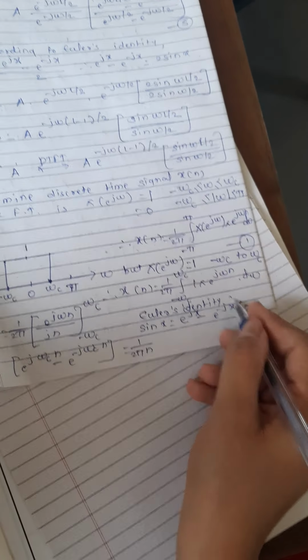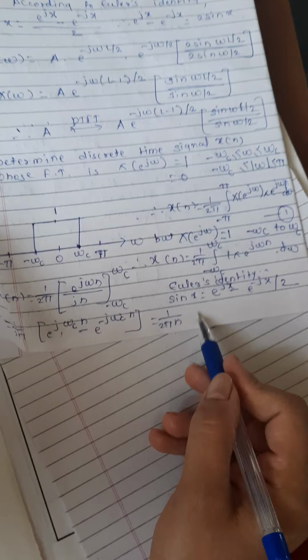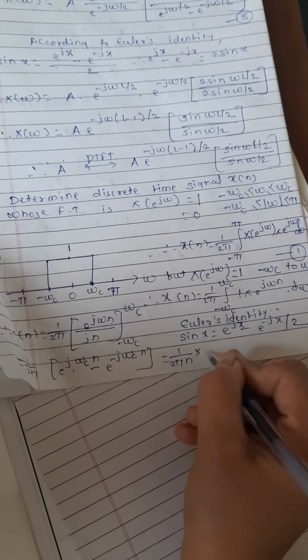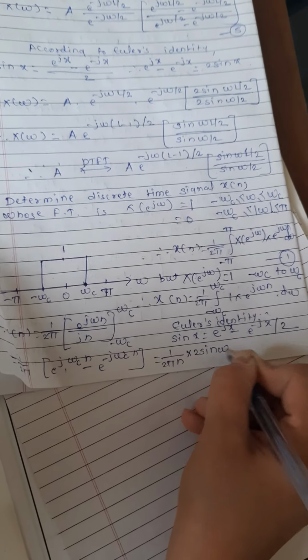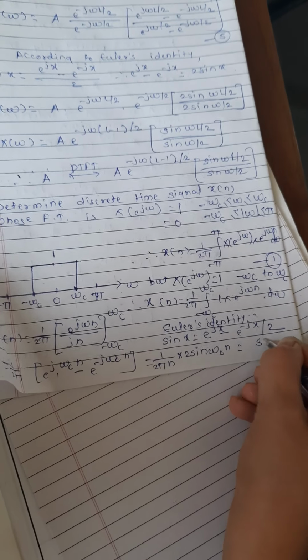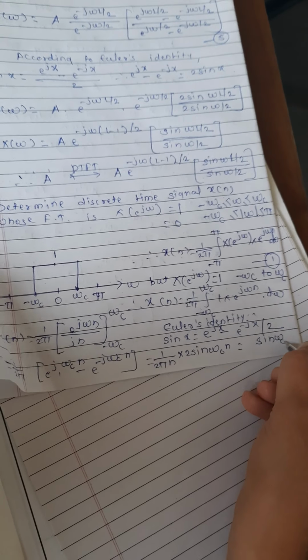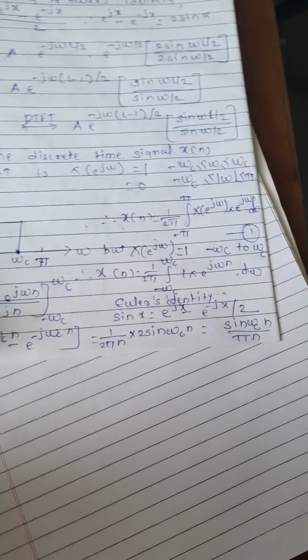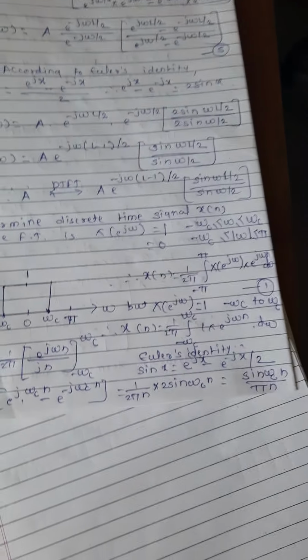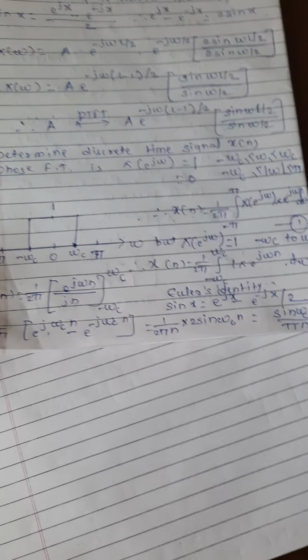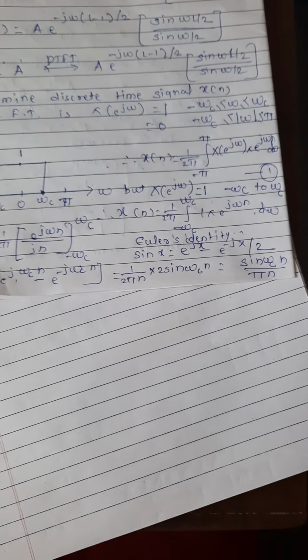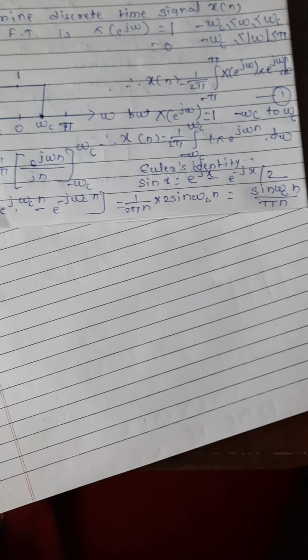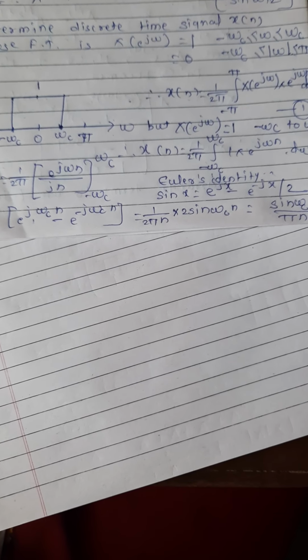We apply this Euler's identity here and this equation becomes into 2 sin omega c n. It is sin of omega c n divided by pi n. So this is the discrete time signal. So in this problem we have taken the inverse of the Fourier transform.